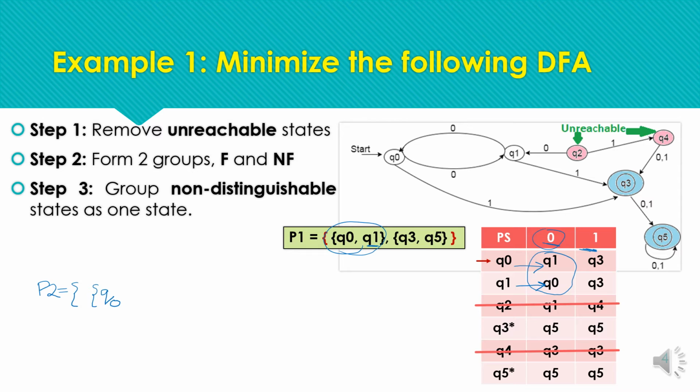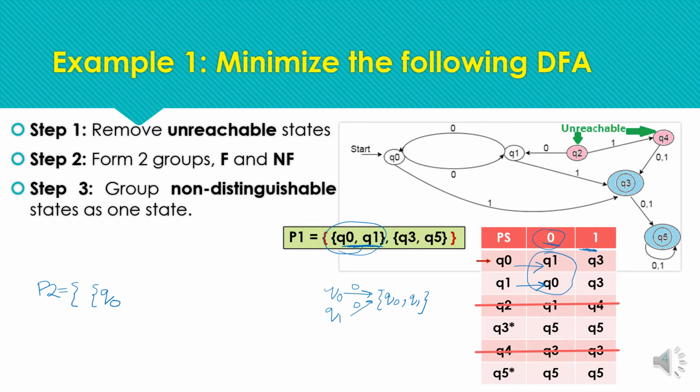Here Q0 and Q1 are the resulting states, and both belong to the same group in partition 1 for input symbol 0. So these two states point to the same group for input symbol 0.